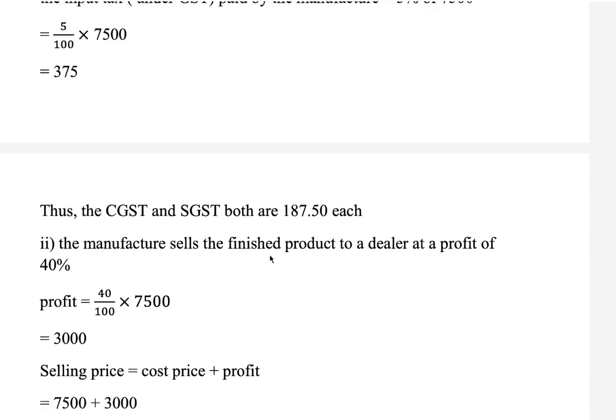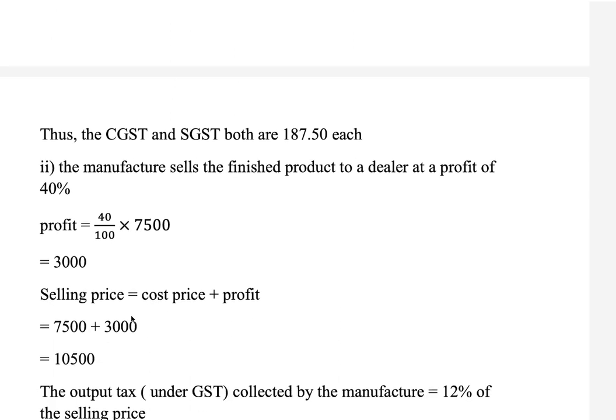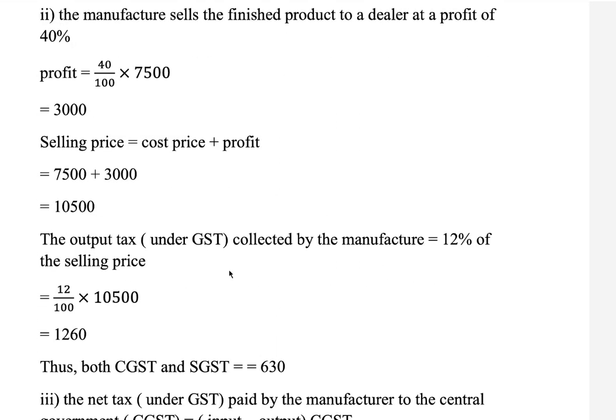The manufacturer sells the finished product to a dealer at a profit of 40%. So profit will be 7500 into 40%, that comes to 3,000 rupees. So selling price will be cost price plus profit, that comes to 7500 plus 3,000 rupees, that is 10,500. So output tax under GST collected by the manufacturer, that is 12% of selling price.